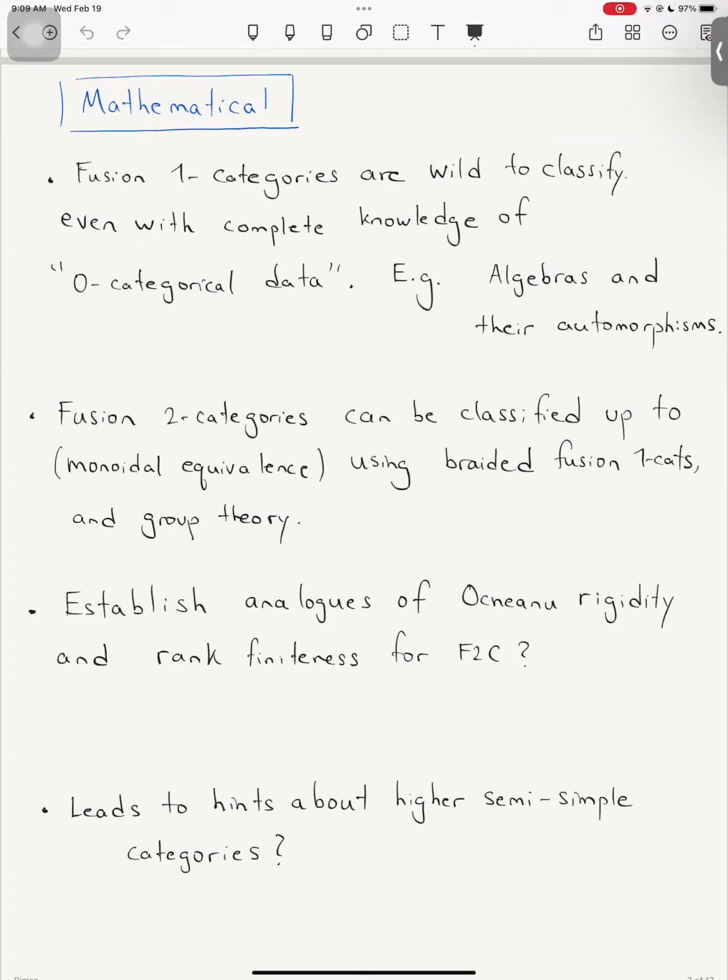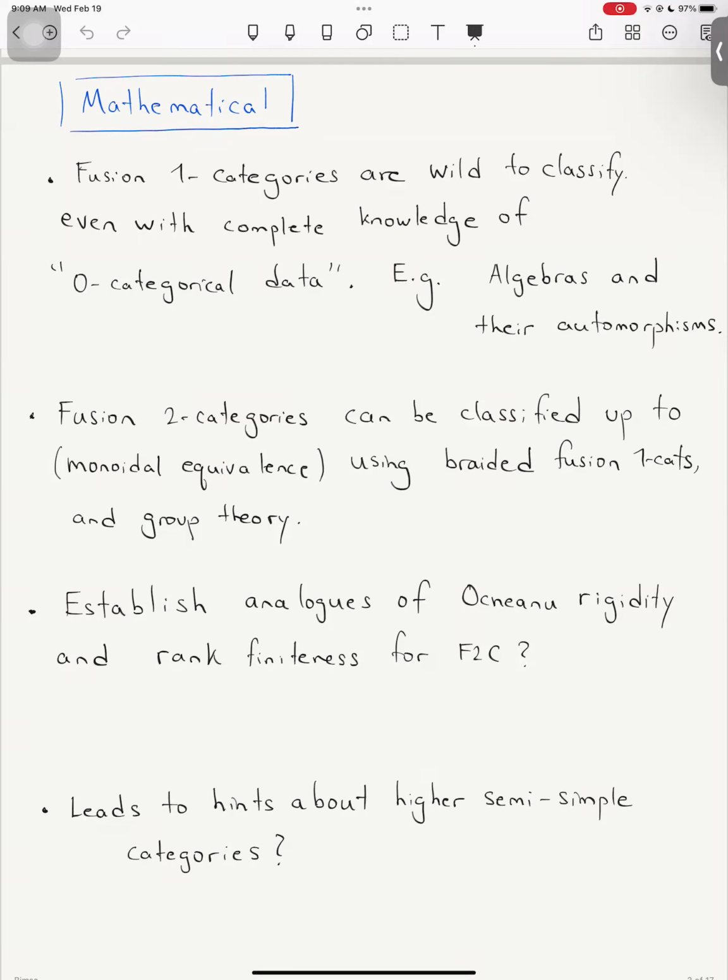All the wildness is just happening in fusion one category land. And if you had that, then fusion two categories just boils down to some extra data, which happens to be some knowledge about finite groups and some cohomology. So that's a nice fact that our classification gives you.